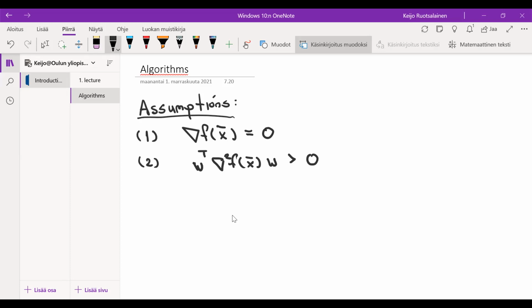So last year we recognized that then x hat is a minimum point, local minimum point, and if f is convex, it's even a global minimum point.